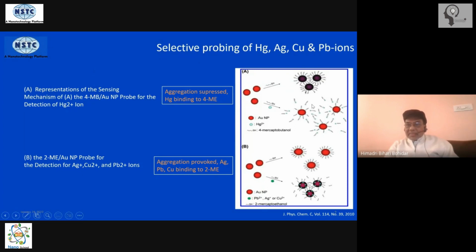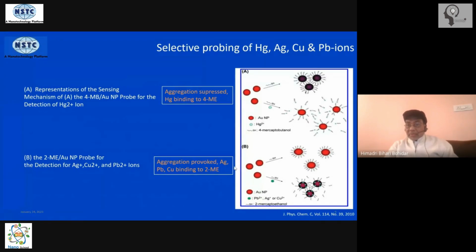Compared to this, in this case, the hydrophobic forces are much, much stronger. So they formed the cluster earlier, but secondly, when they formed the complexes with the 4MB, these did not stay on the surface of the nanoparticle any longer, though they had different electrostatic charge, because the hydrophobic interaction is actually very strong here.